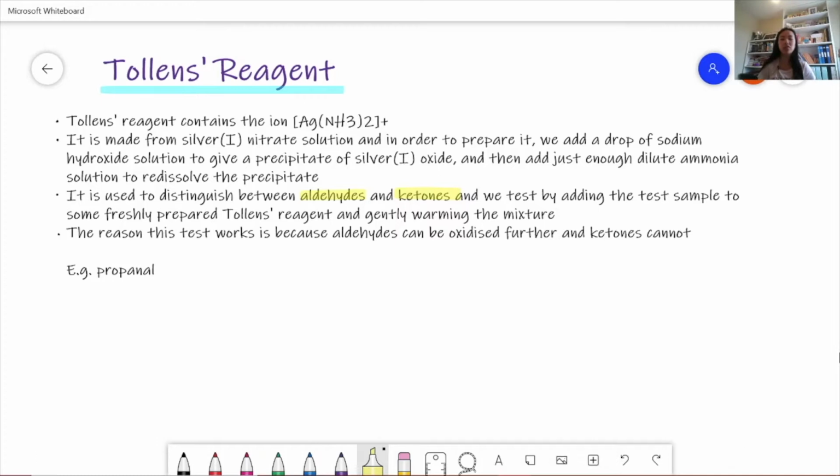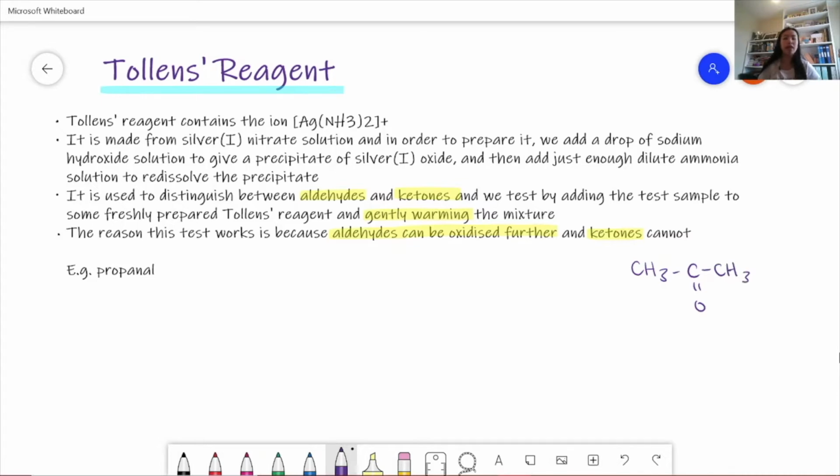The reason this test works is because aldehydes can be oxidized further and ketones cannot. We know that aldehydes can be further oxidized to carboxylic acids, whereas in ketones, we don't have a C-H bond. For example, if we look at propanone, we have CH3, C double bond O, and CH3.